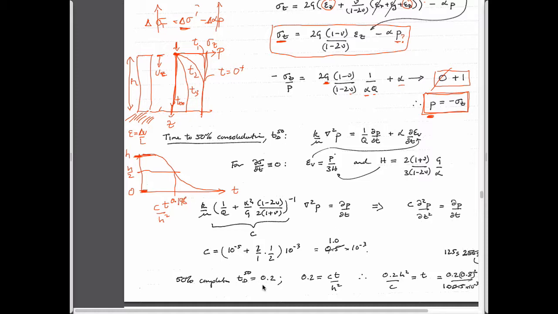Interesting, the things you remember. But it's this number. The time to 50% consolidation, for those of you who are geotech type peoples, is 0.2.